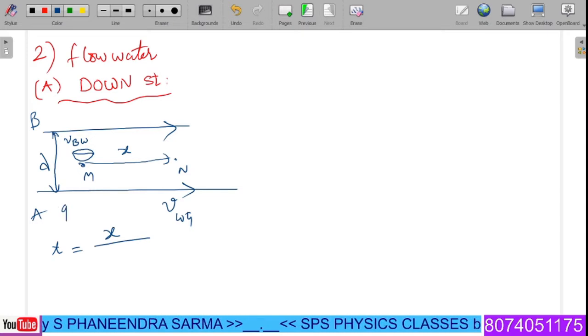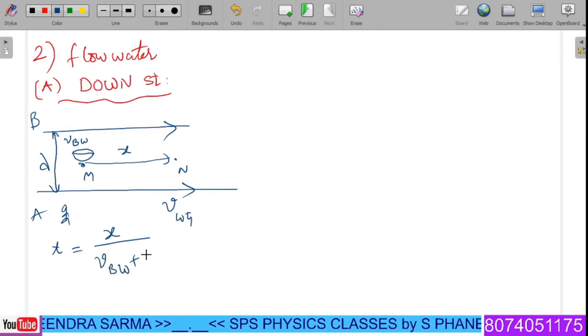For a stationary person at bank A or bank B, the speed of the boat increases because of the drift. Therefore, in this case, the velocity of the boat relative to water and the velocity of the water relative to ground have to be added. Why are we adding?